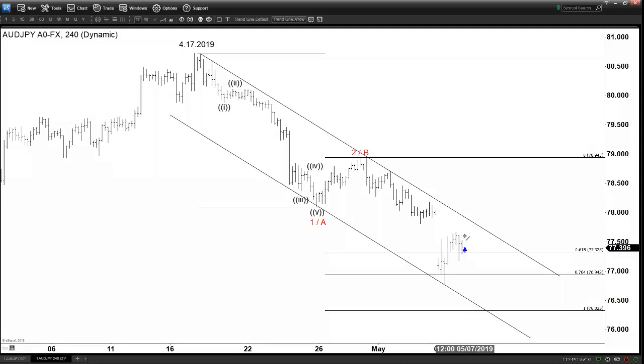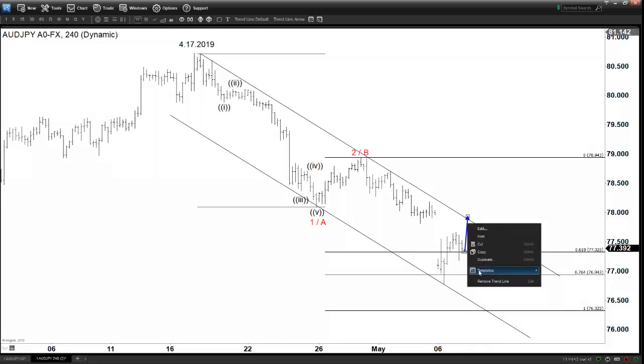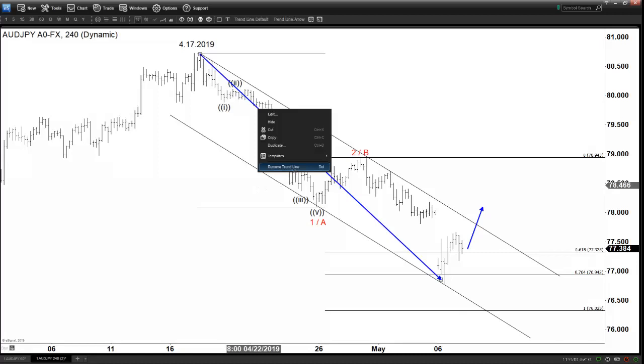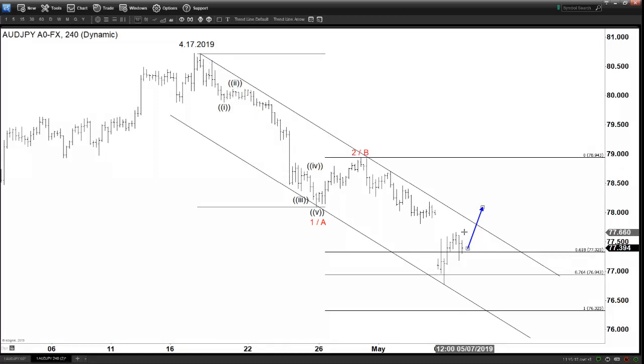So if we get another leg higher, we're going to get rejected by the same trend line and then start to reverse to the downside. Again, if we do get a break and a close above this channel, then there is a possibility that something else happens and this cycle can be completed, maybe as an ABC, as a truncated ABC, and then we could see a bigger bounce if it can break and close above this channel. If not, then we continue to look for the downside at this point.